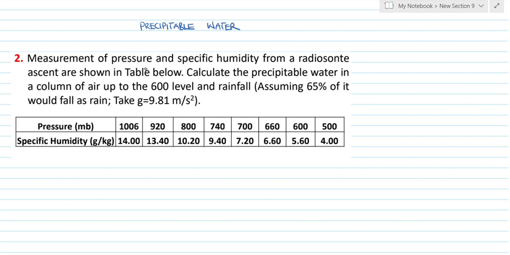First of all, we need to take note of the statement "up to the 600 level". When you see that, it means that the 600 level is your Pn plus 1. Remember this formula: when you are finding the change in pressure, it's Pn minus Pn plus 1.